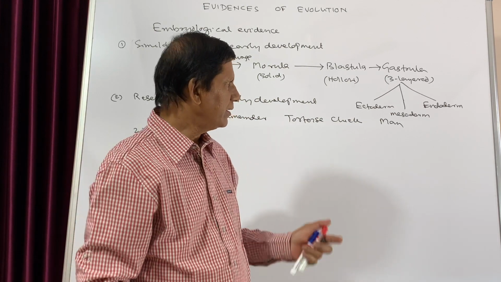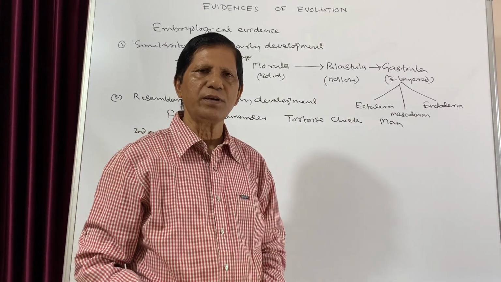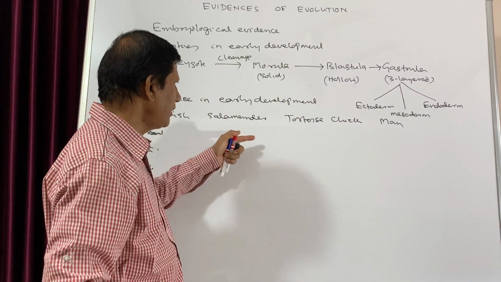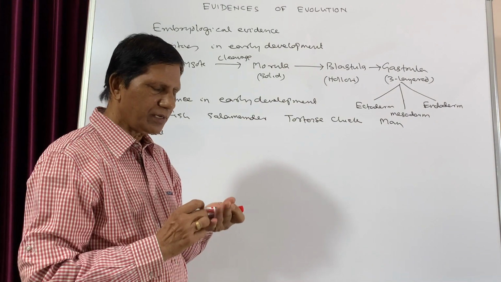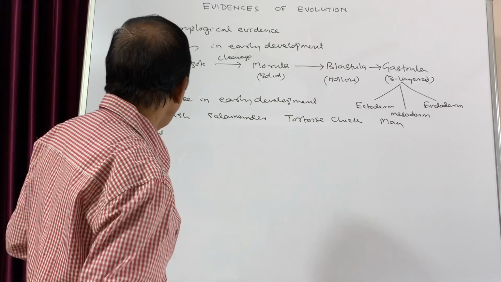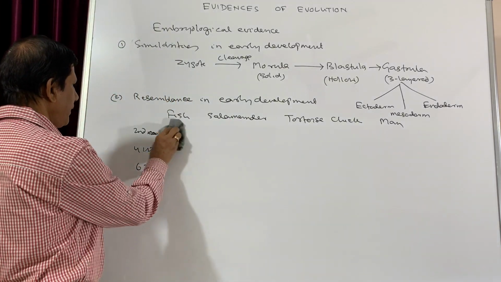That means evolution has taken place in this way, from fish to salamander, tortoise, chick, and man. So this is one of the great evidences, that is, similarities or resemblance in the early development.